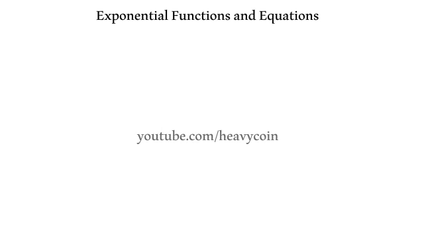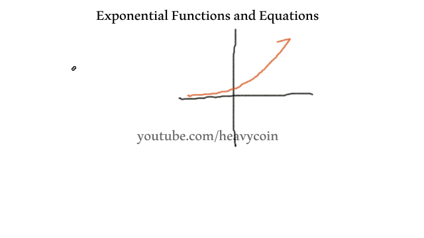Okay, I want to revisit an earlier topic, and that was inverse functions, and the reason why we even talked about inverse functions. So we'll say this is 2 to the x right here.